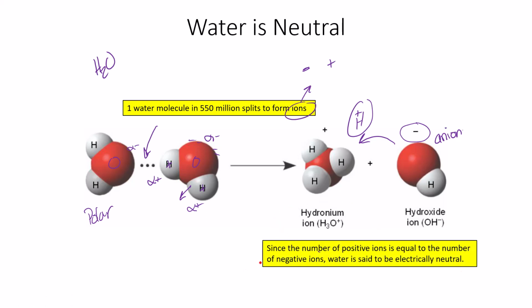Since the number of positive ions is equal to the number of negative ions, water is said to be electrically neutral. All of these water molecules are going to form an even number of hydronium ions and hydroxide ions, so there is an equal amount of negative ions to positive ions, and the anion to cation ratio is equivalent. It is said to be electrically neutral and therefore would have a pH of 7.